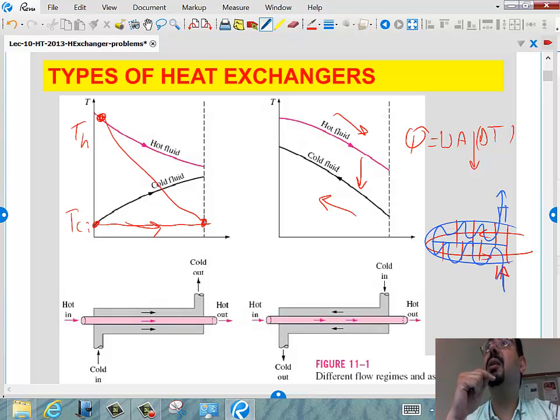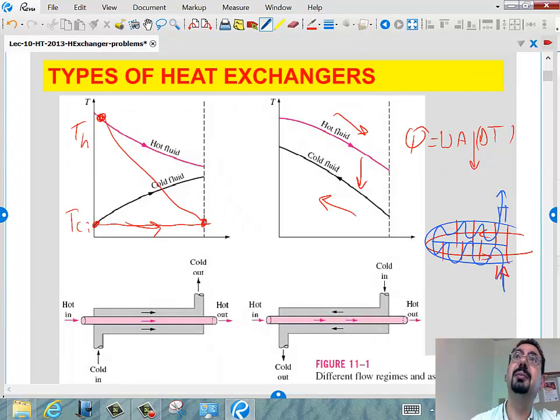You would like to heat the air, right? And so some heat exchangers are used to preheat that air before you send it to the furnace. So if your job is actually to heat the cold fluid, the best heat exchanger performance would be to take this guy all the way to T hot in, right?